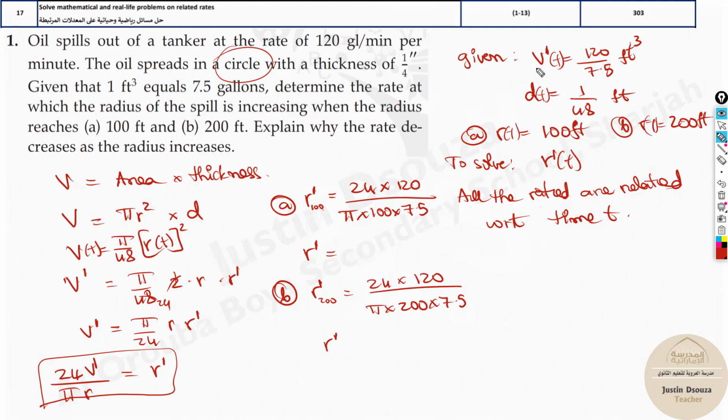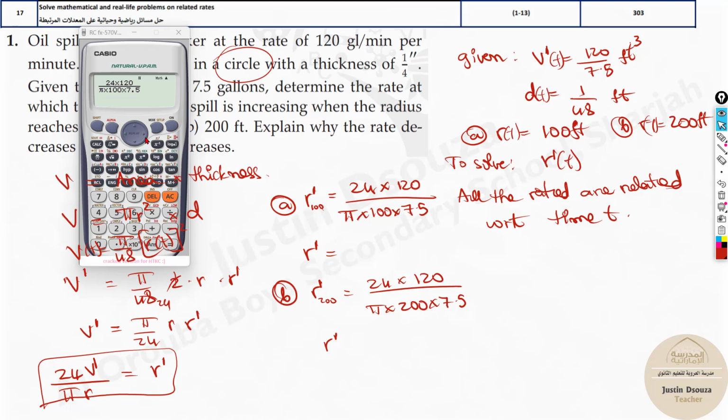Now let's take our calculators and solve. I have substituted all the values: 24 times 120 divided by pi times 100 times 7.5, and the answer is 1.22. So your r dash value is 1.22 feet per minute. For each minute, the radius changes by 1.22 feet.